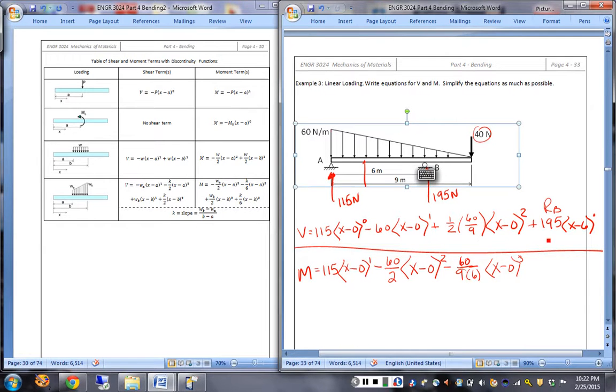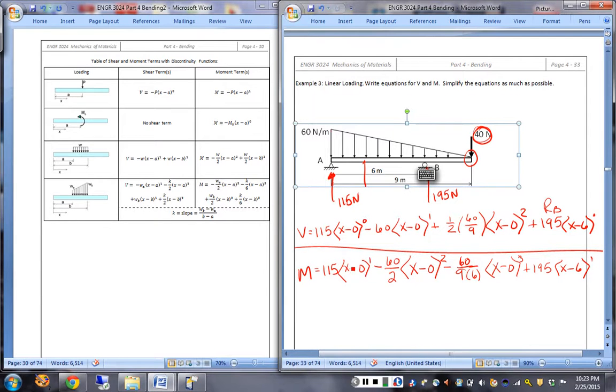We then need a concentrated force term out of the first row of the table, plus 195 x minus 6, to the first power. Again, like in the shear equation, none of the terms that deal with the right end, or the term for the 40 newton force, contribute because they're at the right end of the beam. So these are all the terms that we have.